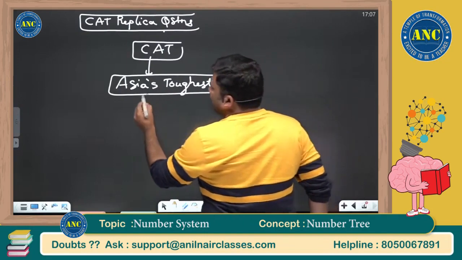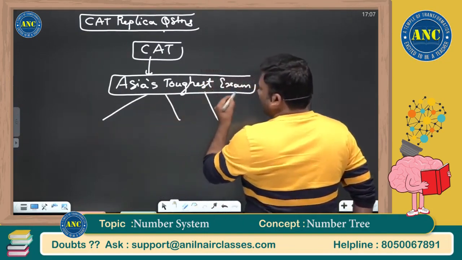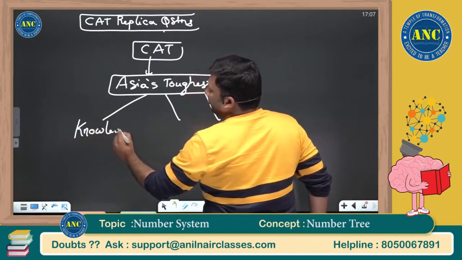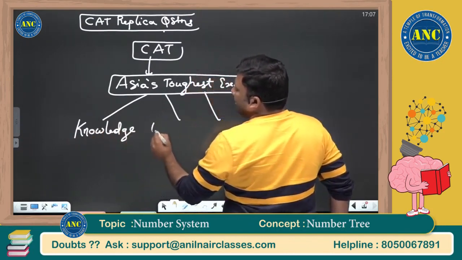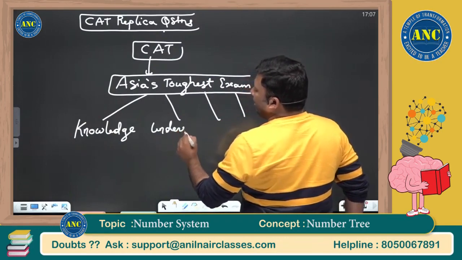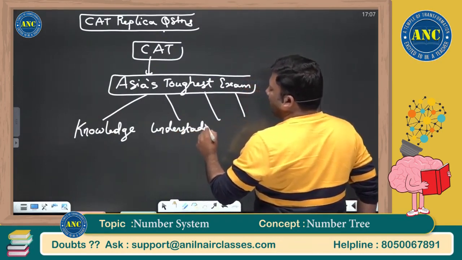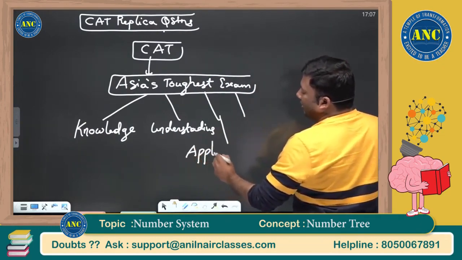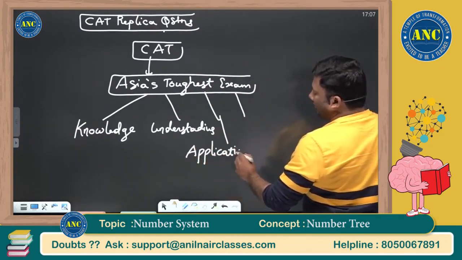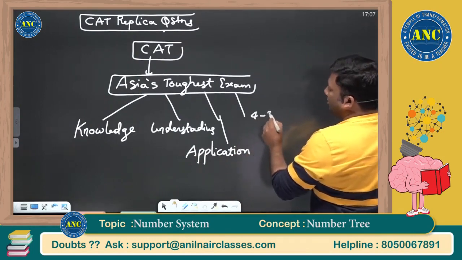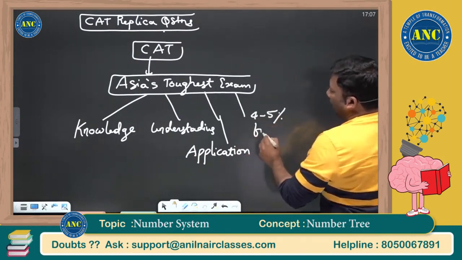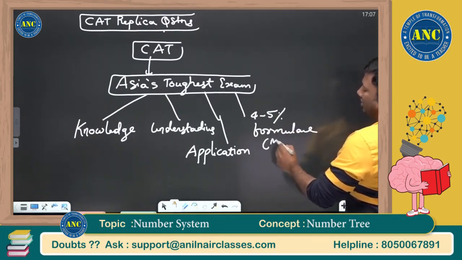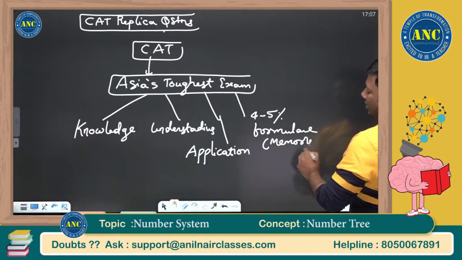The beauty about this examination is there will be more knowledge-based questions, questions based on understanding of concepts, and application-based questions. Almost 4 to 5% of the questions are only formula-based, which we call memory-based.